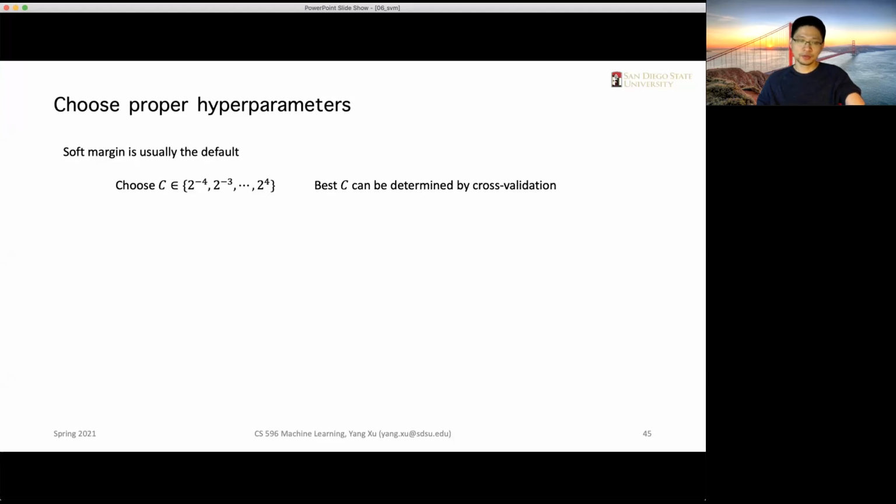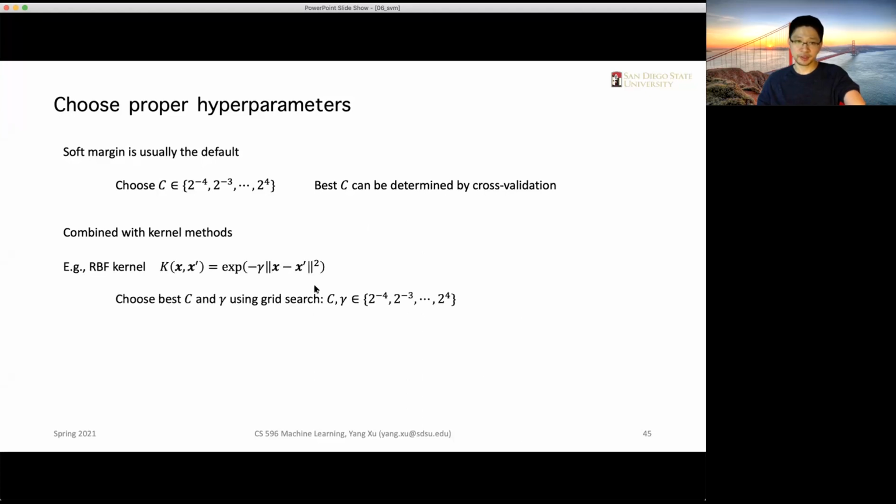So we can use cross-validation, that is, separate the data into different groups, to find the best C. Also we can combine it with kernel methods like the RBF kernel. It comes with gamma. Gamma is also a hyperparameter, right? And we can use grid search, which is to search over discrete choices for C and gamma. For different kernels, we have a whole lot of different hyperparameters to choose from.